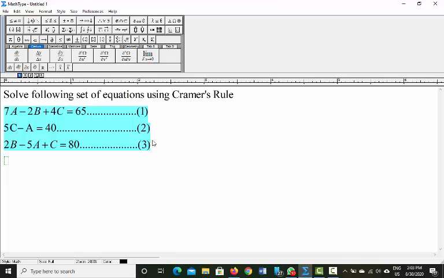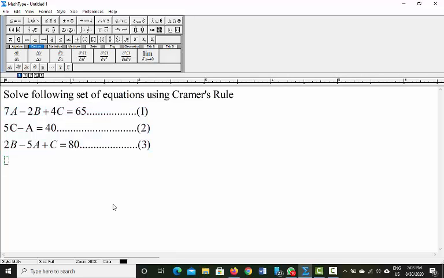But if you have 10 different variables in 10 different equations, then you will not be able to use a calculator. Then you will have to use a matrix rule. That means you can use Cramer's rule to find the values of the variables when you have a very big set of data.